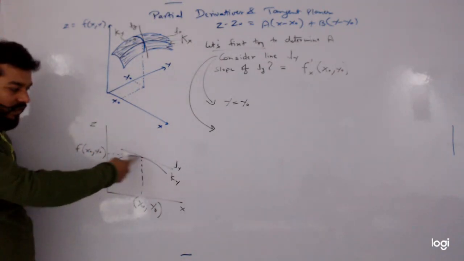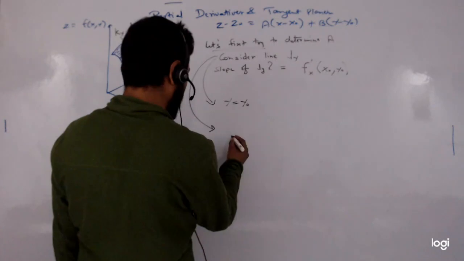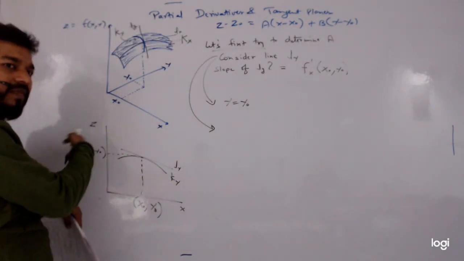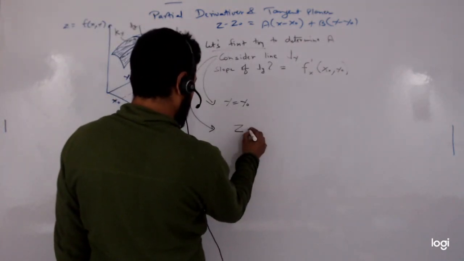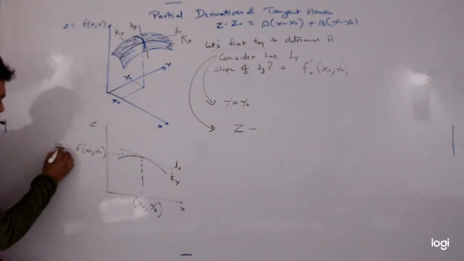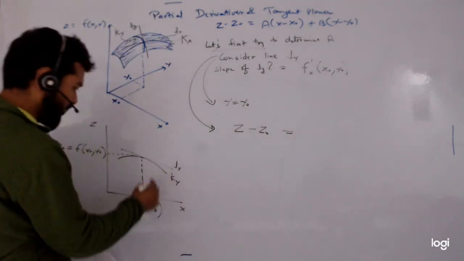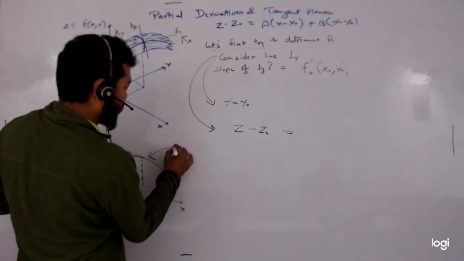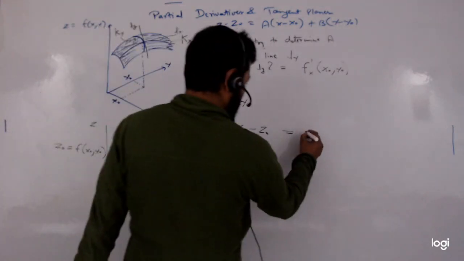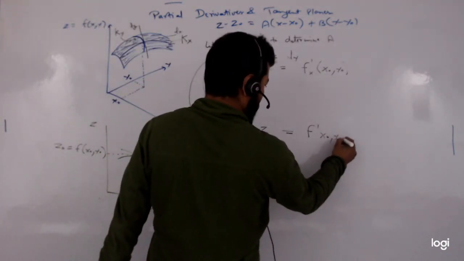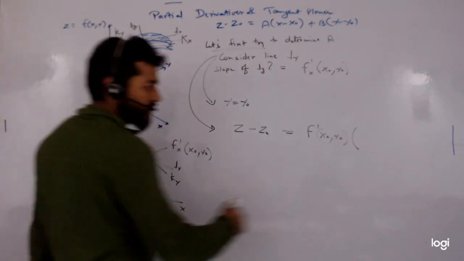So what's the equation of this line? The equation of this line would be whatever is on the vertical axis variable minus the value of that variable: z minus, and we can just call it z naught, z minus z naught equal to the slope of this function, which is f prime x naught y naught, multiplied by x minus the value that x takes.